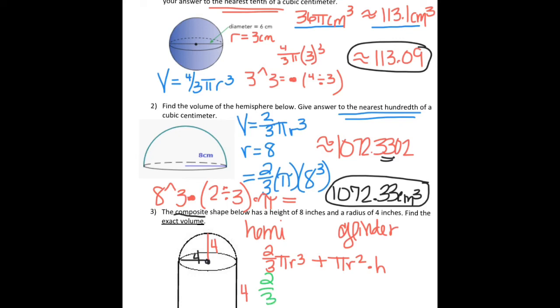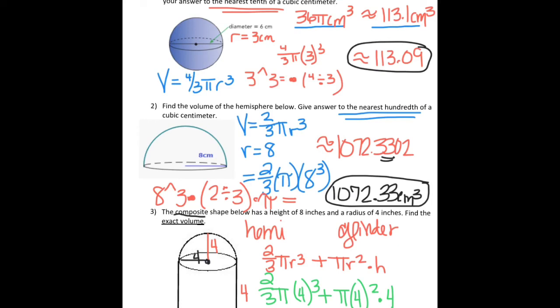2/3, and it says exact, so we're going to leave pi as a variable, times pi times my radius, which is 4 cubed, plus pi times my radius, which is 4 squared, times my height, which is also 4.